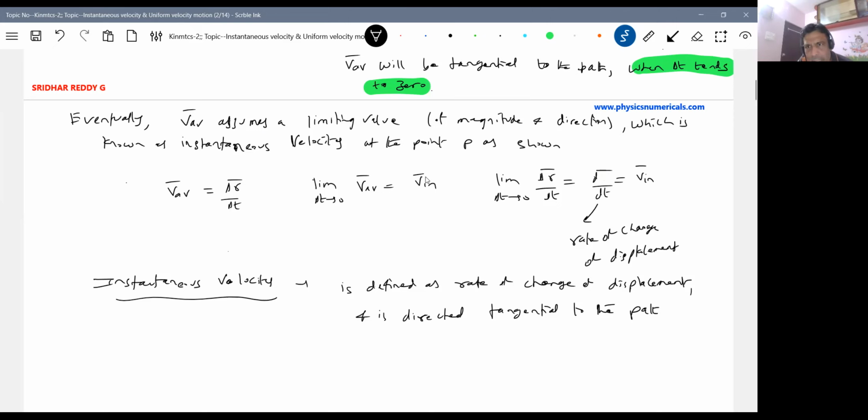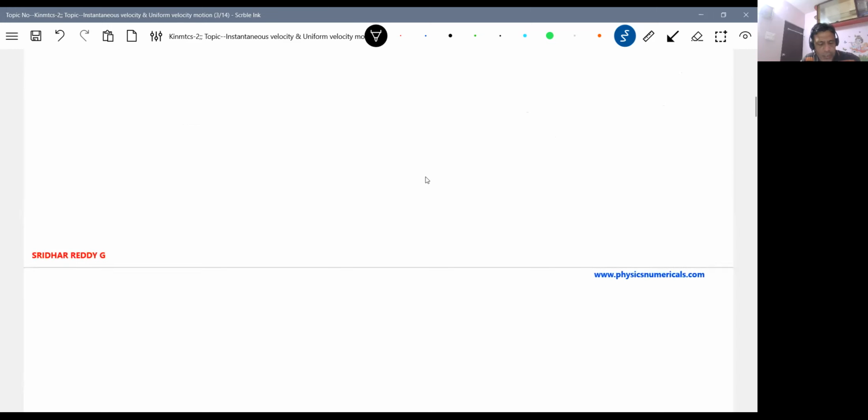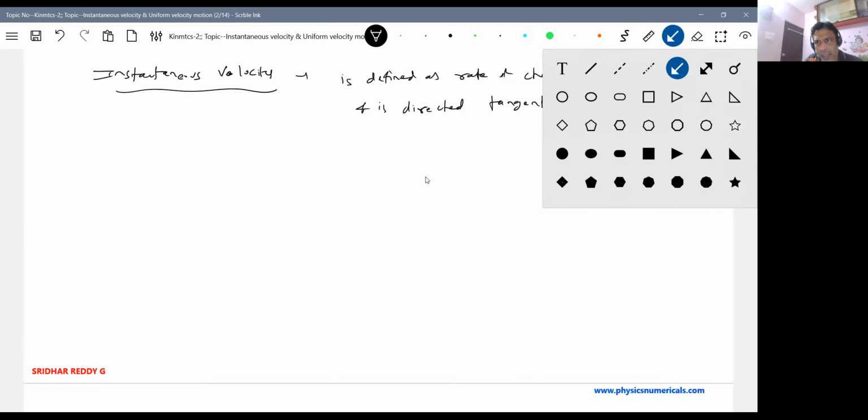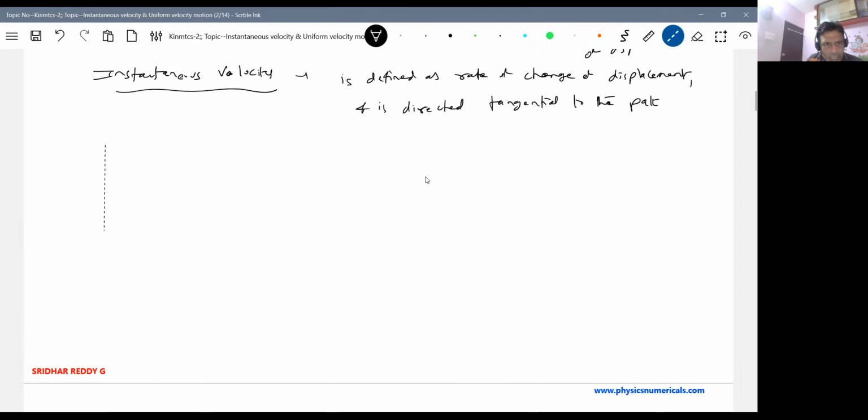Okay, what do you mean by dr by dt? You have come across this in mathematical tools. Later on, we are going to define that as the slope of the tangent drawn in the position versus time graph. With the help of this, we'll go for the mathematical way of expressing it. So if I have the position versus time graph, this is the position and this is the particle, this is the path.